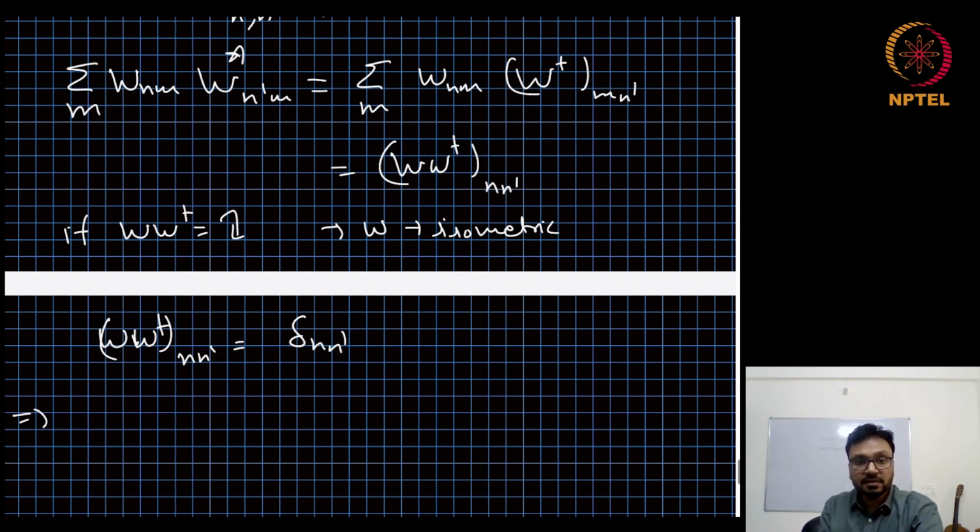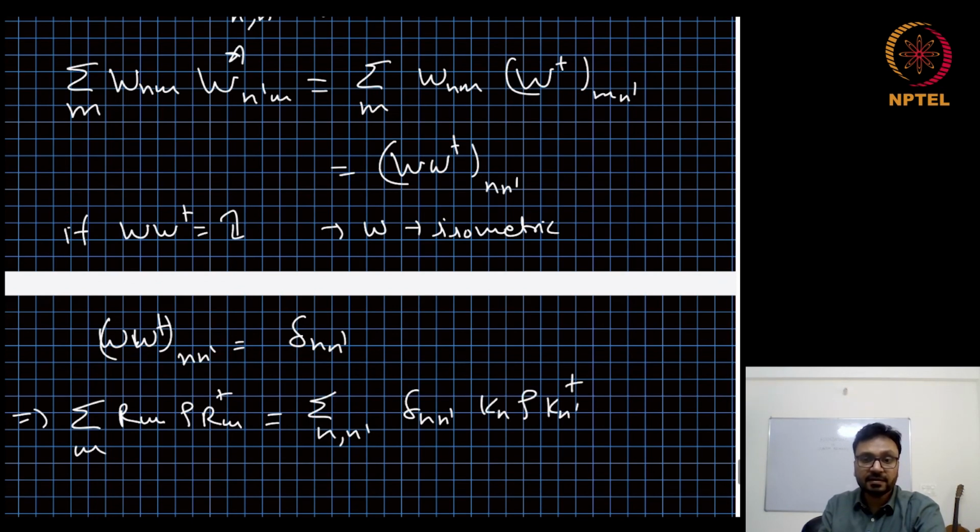It means sum over m Rm rho Rm dagger becomes sum over n prime delta n n prime Kn rho Kn prime dagger, which is the same as sum over n Kn rho Kn dagger.